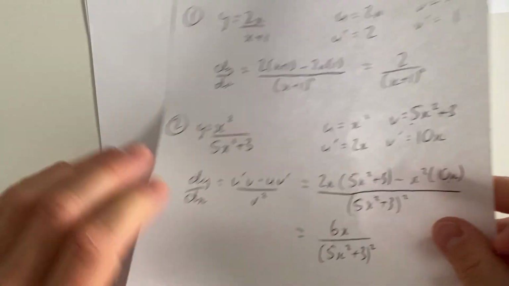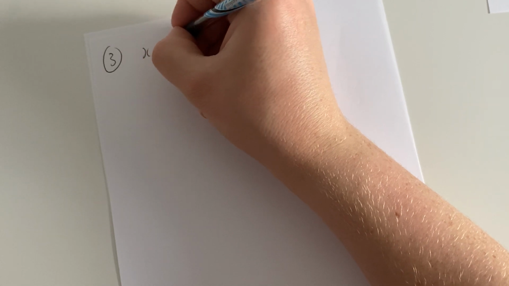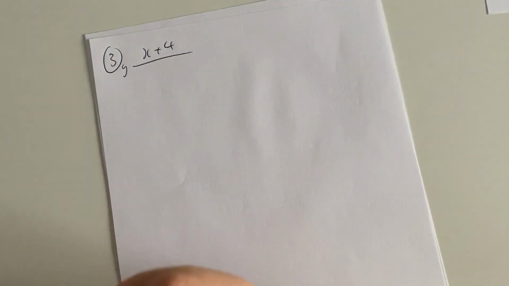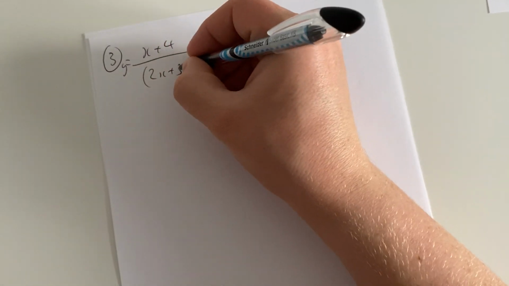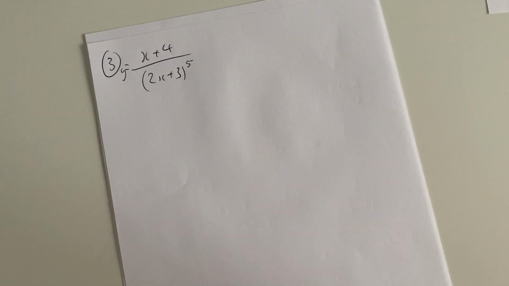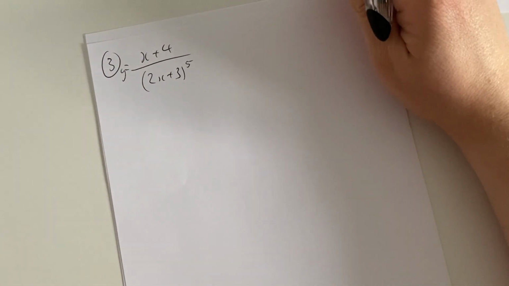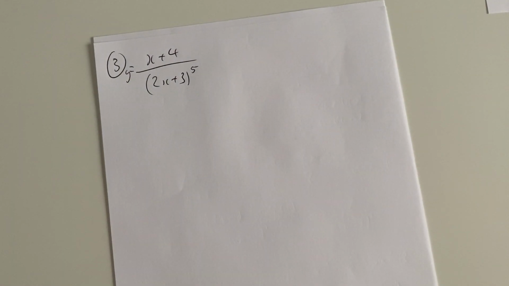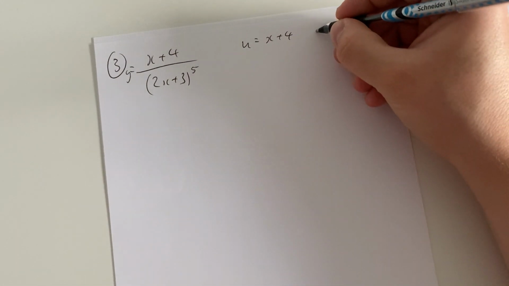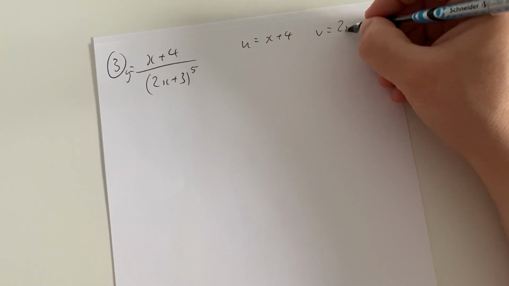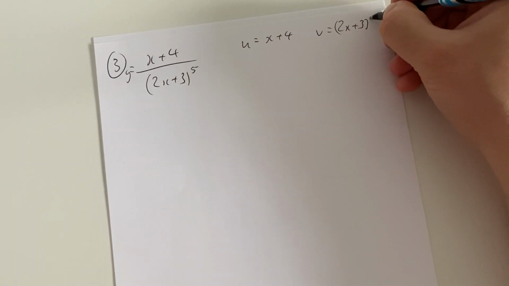Right, a couple more. So the third one I'm going to try, x add 4 over 2x plus 3 to the 5. Again, I'm going to apologise for my handwriting because it's just got worse over this lockdown period. So u equals x add 4 and v equals 2x plus 3 to the 5.